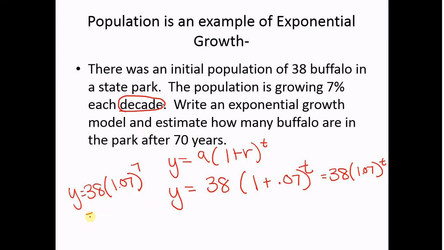So if you plug that into your calculator, you will get 61 buffalo. So it's not growing too much, but that kind of makes sense, right? 7% each decade, that's not a whole lot of growth. So 61 buffalo after our 70 years.